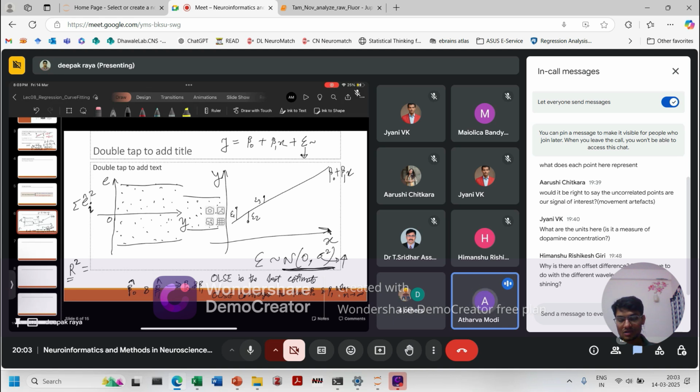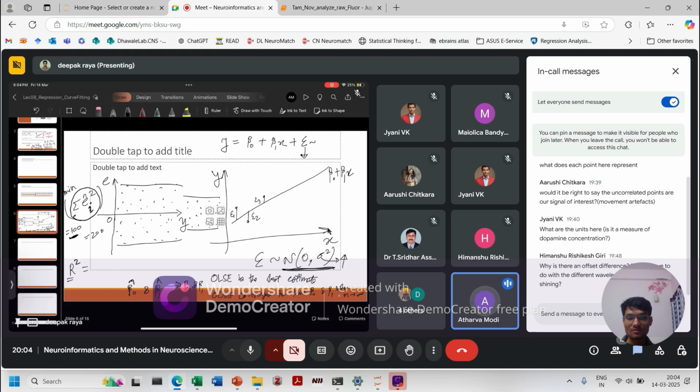Say for one particular sample, sigma ei square is like one particular fit. Let's say my last year's data gave a minimum sigma ei square of 100, but this year's data is giving me 200. Can you say that the fit with 100, where sigma ei square is low, is better than the 200 fit?